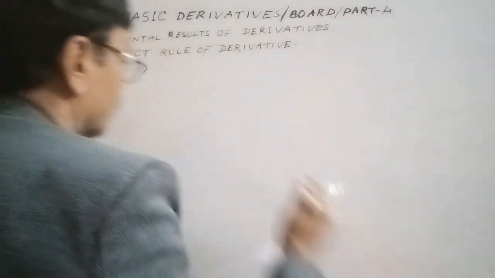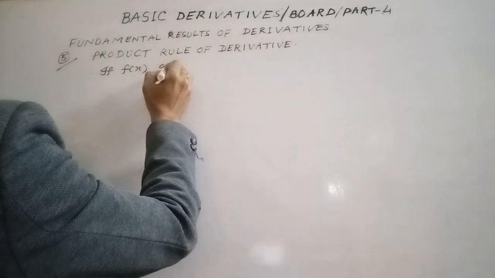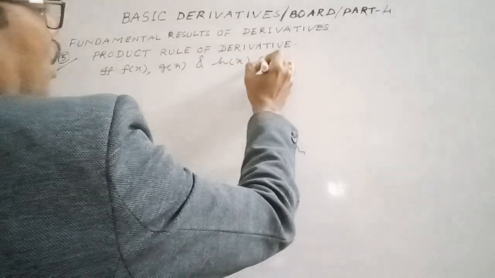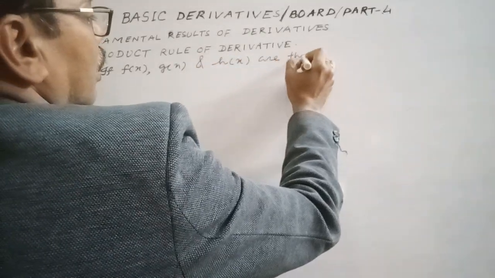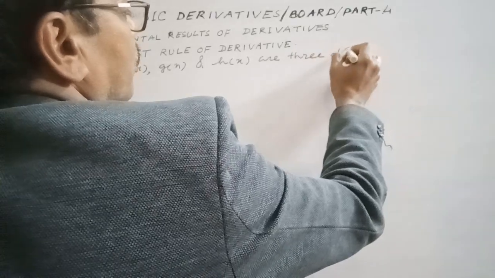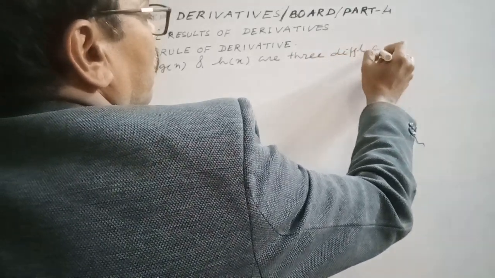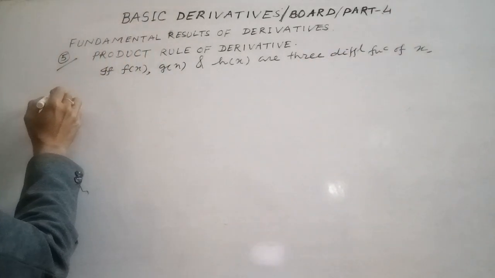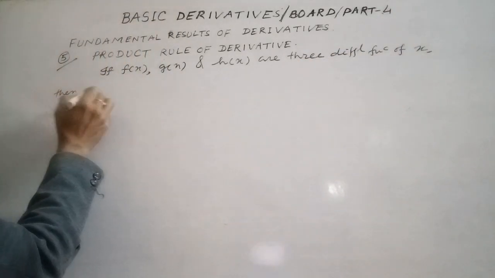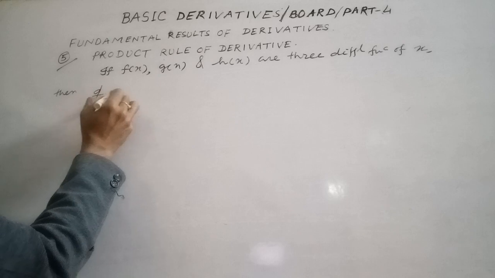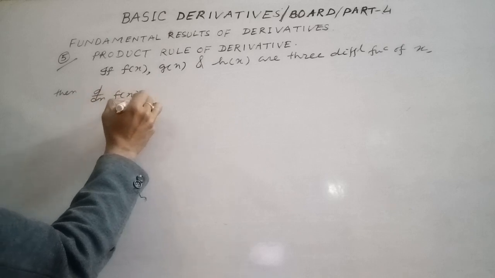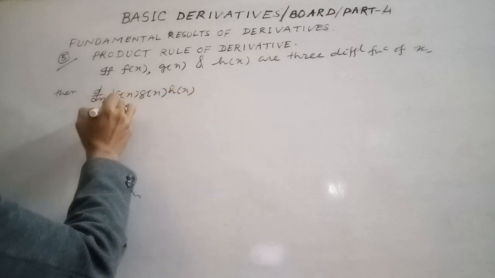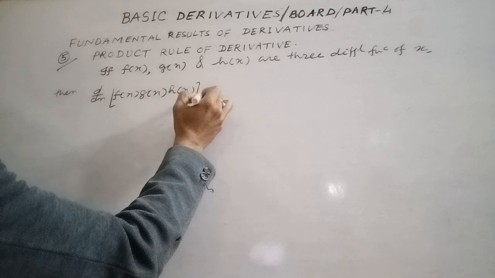If f(x), g(x) and h(x) are three differentiable functions of x, then d/dx of f(x) g(x) h(x) equals to.